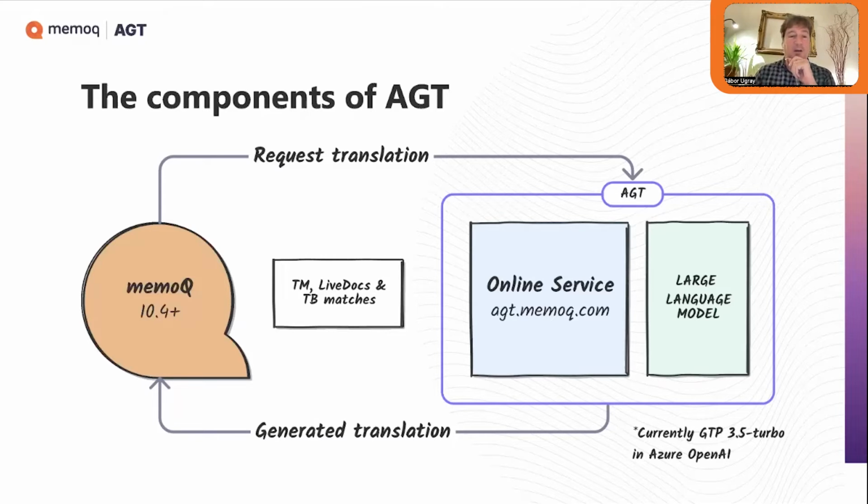So when you translate a sentence, memoQ performs this lookup, gathers all the relevant matches from the project's TMs, term bases, LiveDocs corpora, puts together a request, and goes to the service at agt.memoq.com, which chews on that request and creates a way to address a large language model. The large language model generates the translation, and this is sent back to the memoQ client. Currently, this large language model is GPT 3.5 Turbo in Azure OpenAI.